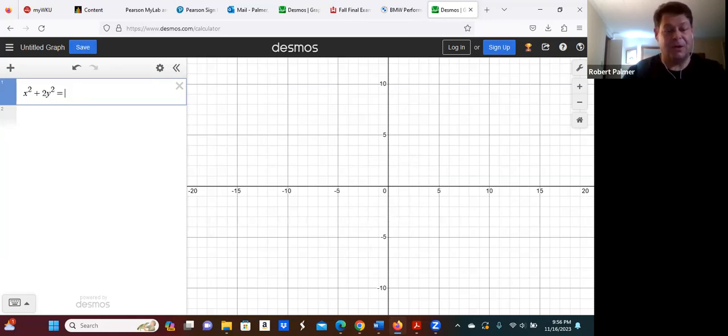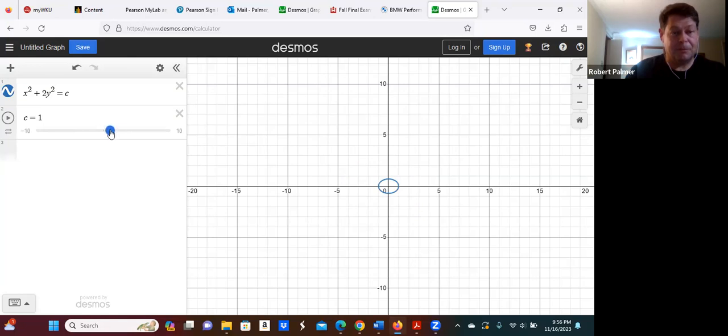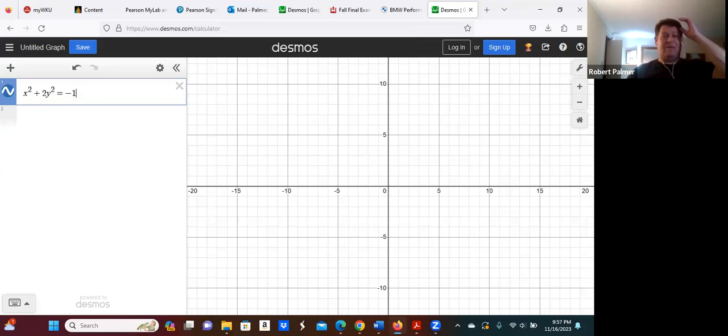So if I do a slider here, let's call this C instead. I can make it larger or smaller by changing C. It basically contains the same type of shape, same proportions. And once again, if I make it equal to 0, it shrinks to a point in the same way. And if I make it negative, there's no graph because it's not possible to have a graph like that. Okay.